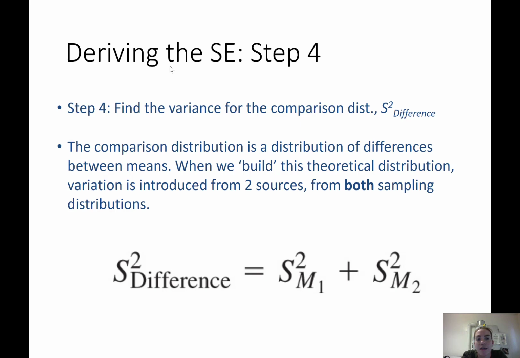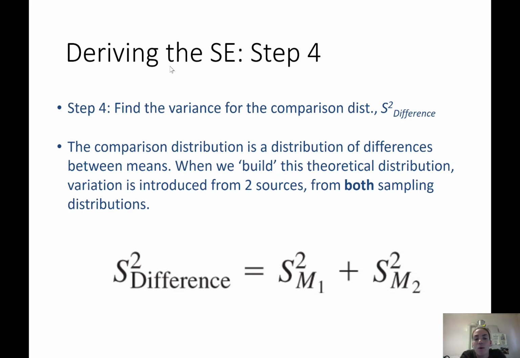Deriving the standard error, step 4. In this step, we find the variance for the comparison distribution, which is the distribution of differences between means. So I'm calling this S squared difference, or sometimes I use shorthand and just call it S squared diff. This is the comparison distribution, the distribution of differences between means.